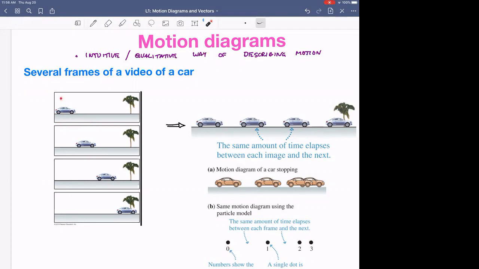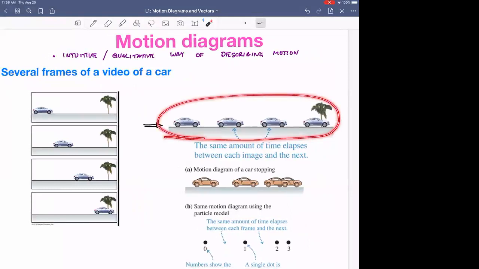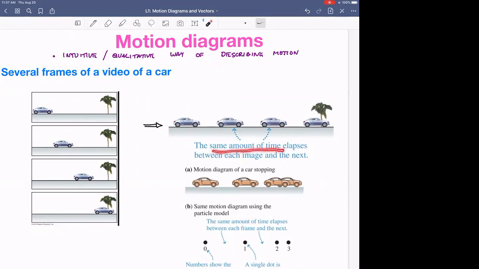Now what you do is you take all these pictures and you superpose them one on top of the other. And essentially you end up with an image that looks like this: the same car at its position at equal time intervals. The same amount of time elapses between each image and the next.